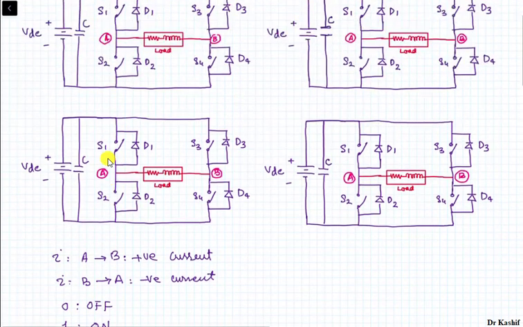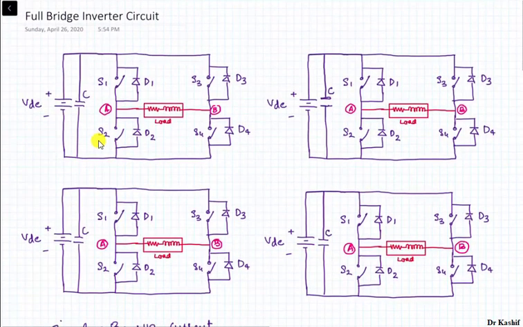Okay, now let's discuss the operation of the inverter with respect to all possible combinations of the switches. The 2 switches S1 and S3 are the high side switches, because in these two switches the positive terminal of the DC source is common, and S2 and S4 are the low side switches because the negative terminal of the source is common between these two switches.